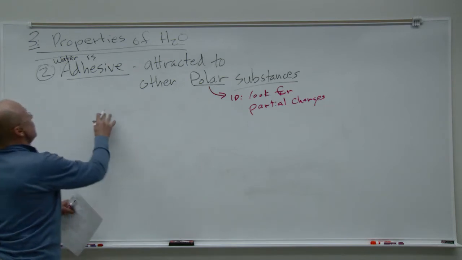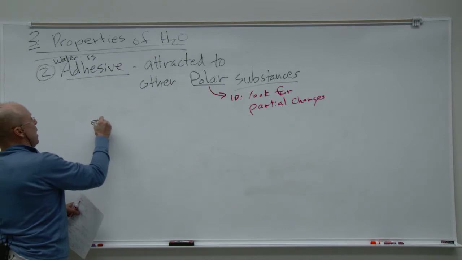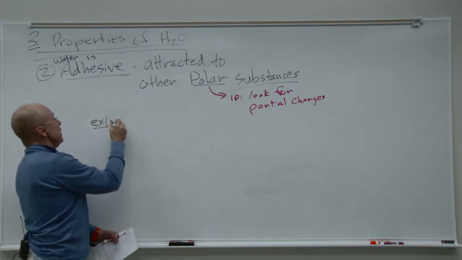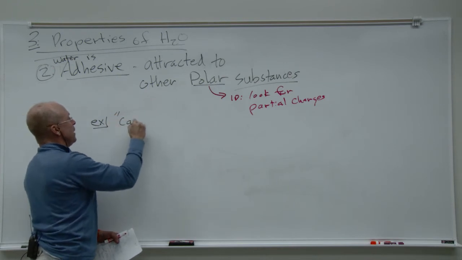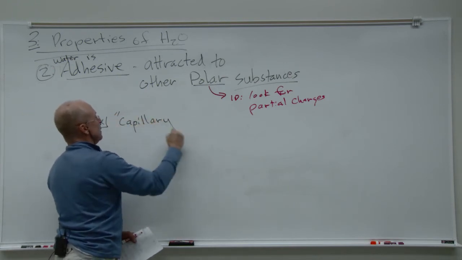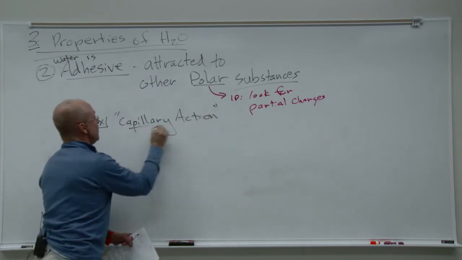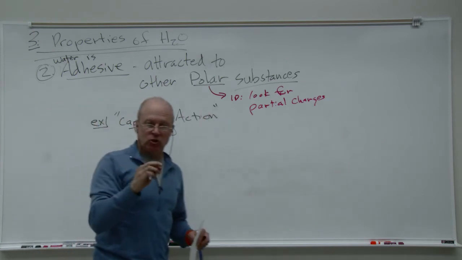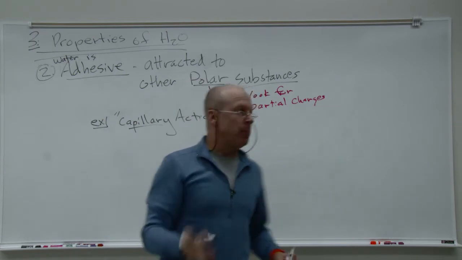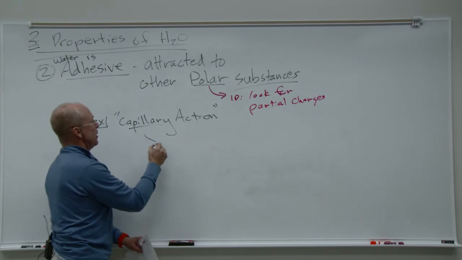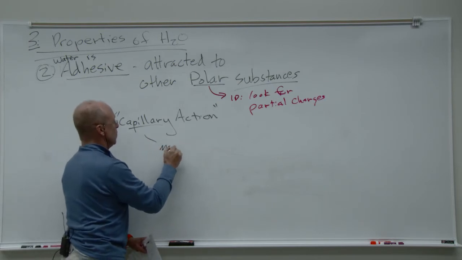Here's an example that they give in the textbook of water's adhesive properties. There's something called capillary action. Capillary action refers to a capillary, which is a thin straw. And in this case, we're going to talk about a capillary that's made of glass.